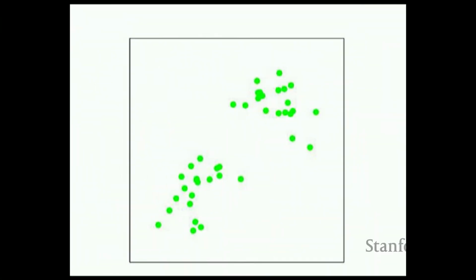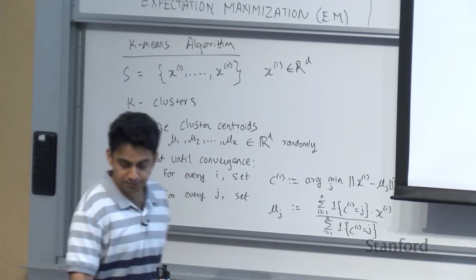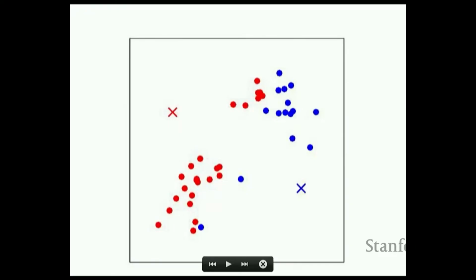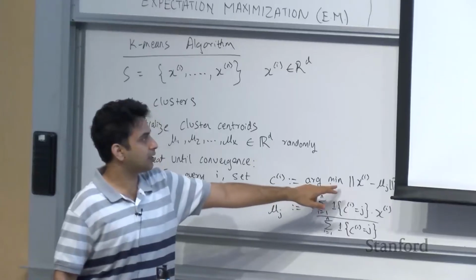Supposing this is a collection of points that are given to us, where each green point is a data point xi in R^d, the algorithm works like this. Here we assume k equals 2, and the red x and the blue x you can think of as mu1 and mu2, which are randomly initialized. In the first step, for each point x, we identify the nearest cluster.